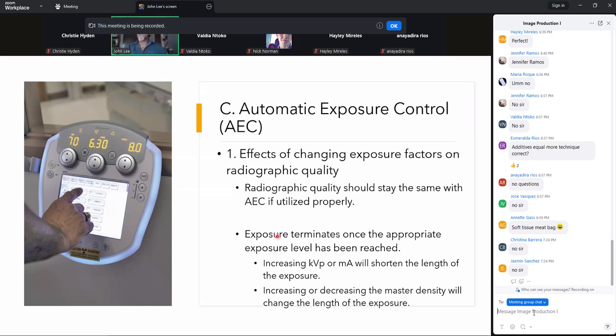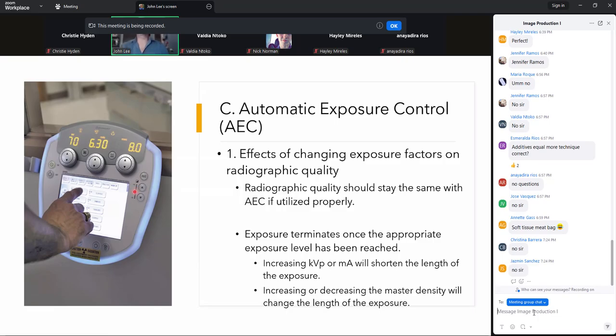Now, based on pathology and the patient's body habitus, it may be necessary to adjust the amount of radiation that's required for the exposure. And you do that with the master density control, which is visible here. That square with the black and white triangles in it is our density control for the AEC.